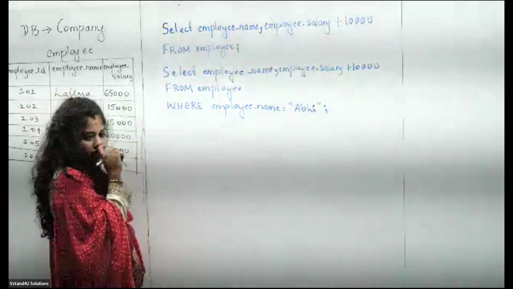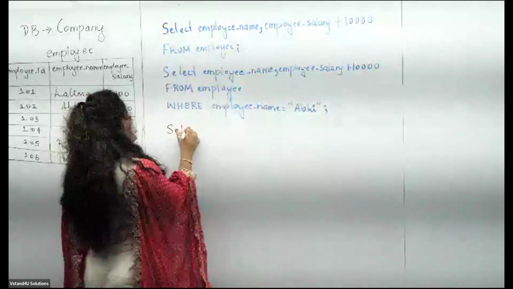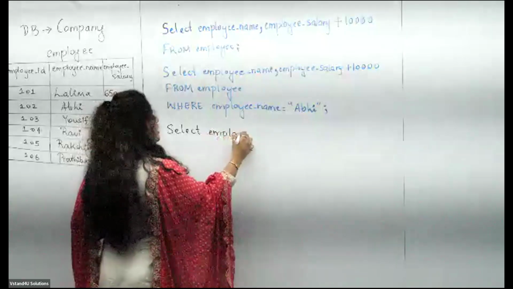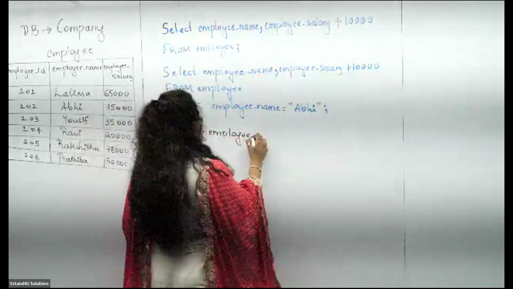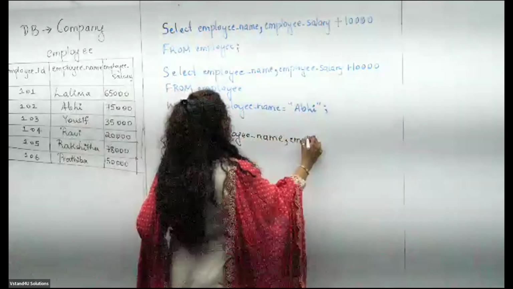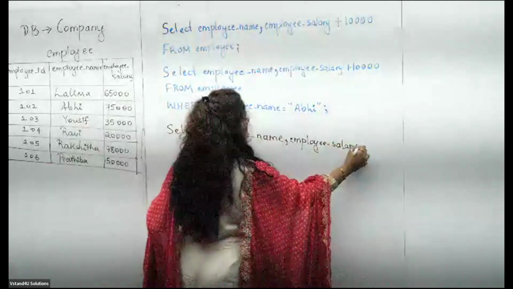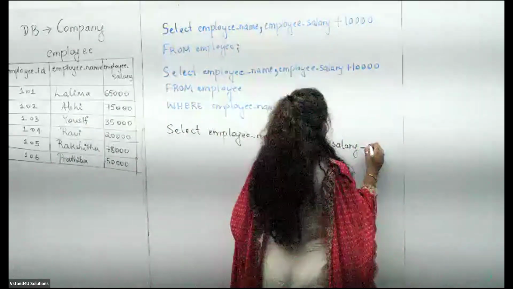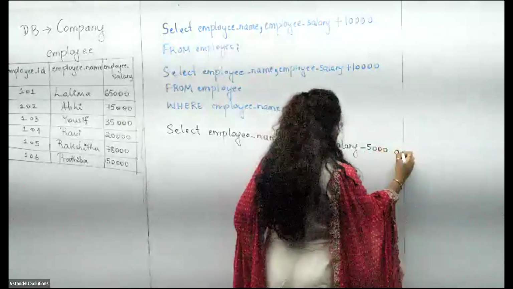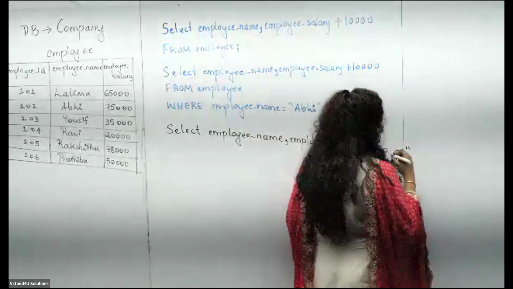My dear students, how should I write? I should write select employee name, comma, employee salary, minus 5,000 as, shall I take double quotes?